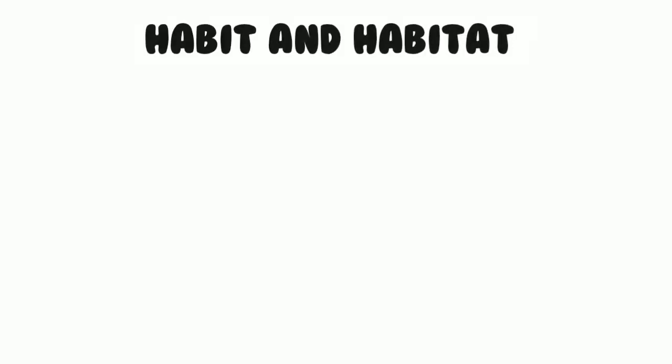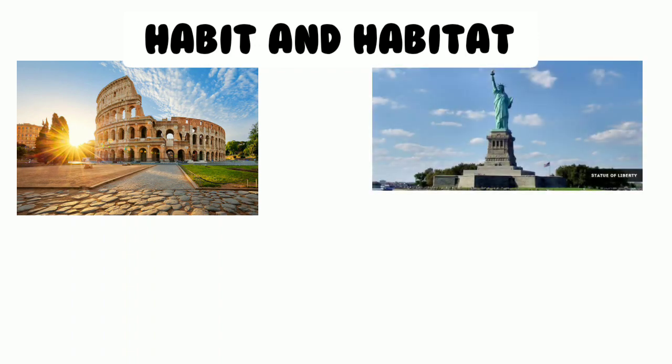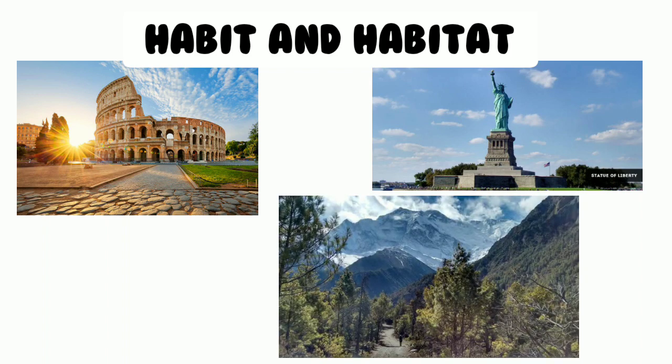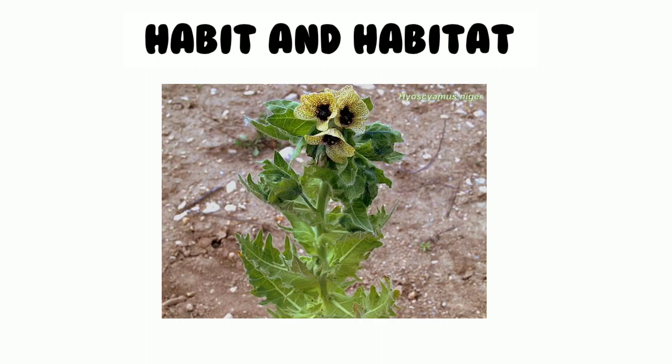Habit and habitat. It is originally found in Europe and Asia but is largely cultivated in North America, also found in India from Kashmir to Garhwal in the Himalayas. It is a biennial deciduous plant growing to the height of 15 to 60 centimeters.